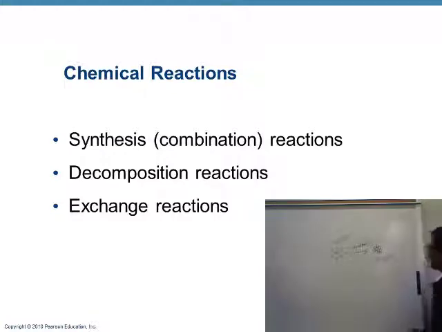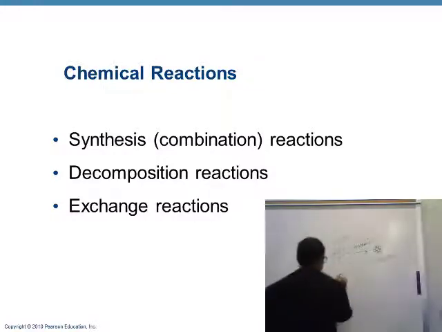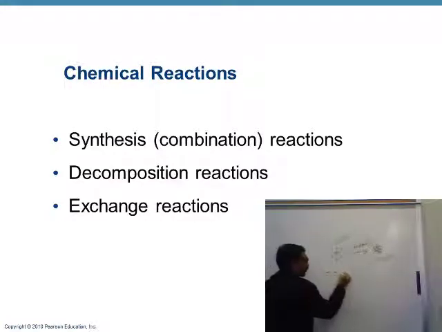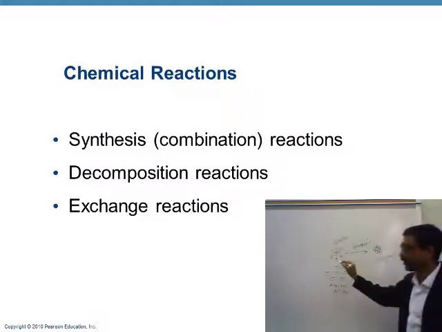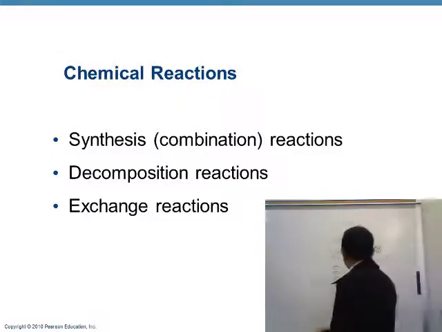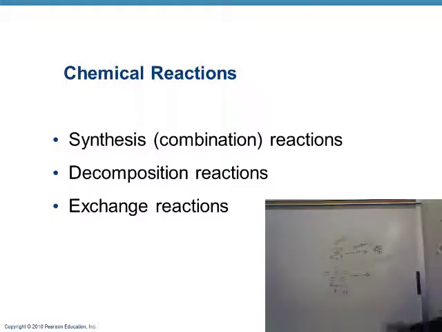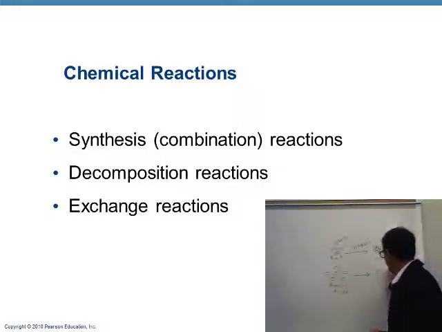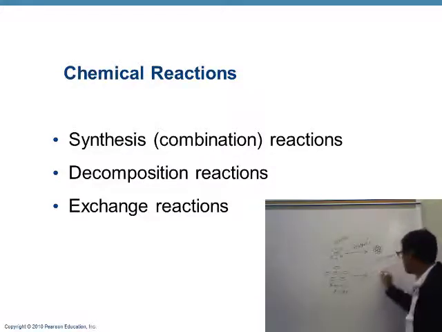Okay. Another example, amino acids. We know that amino acids are small molecules, and inside your body what happens? Amino acids join together, linked together to form a chain by peptide bonds.